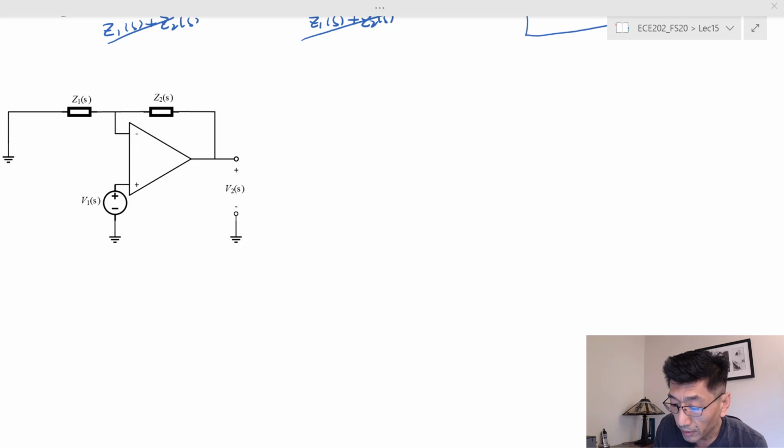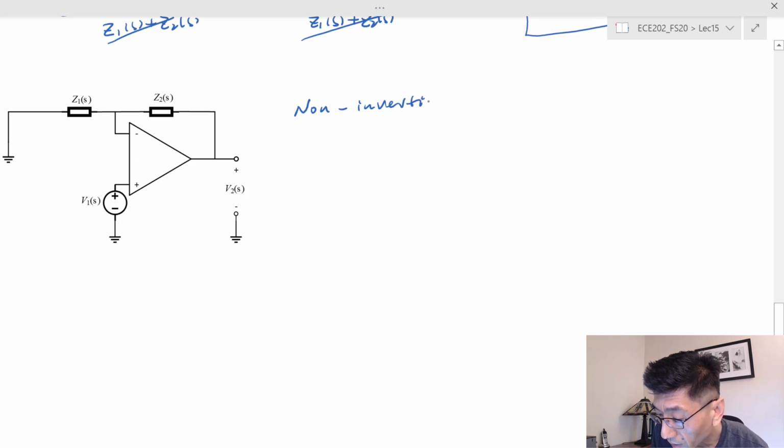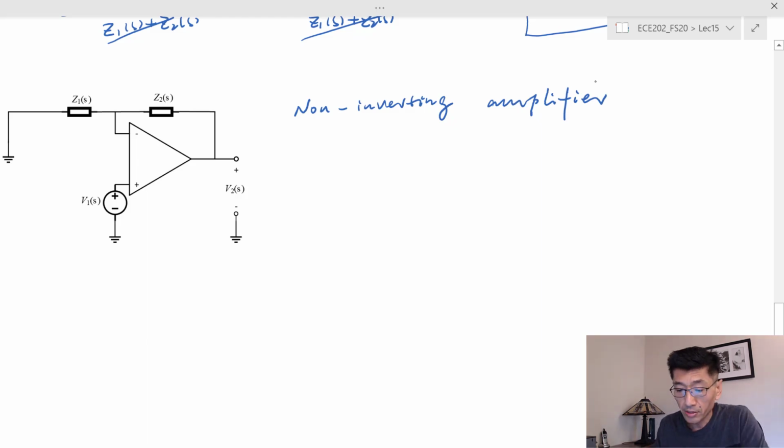So let's look at the non-inverting amplifier. In this case, if we try to find V2 over V1, we have 0 voltage here, right, and we have 0 current here.